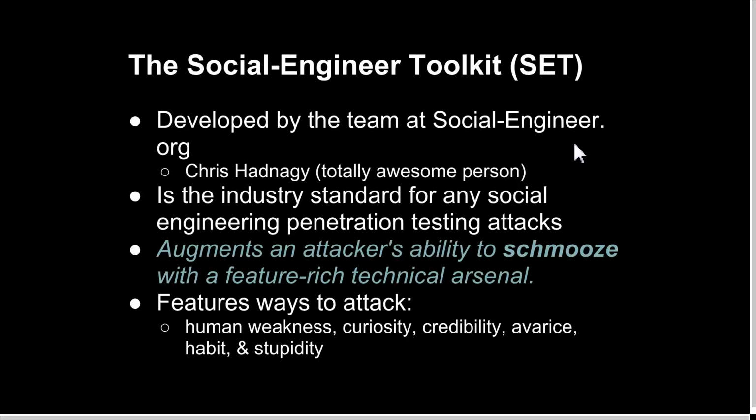The Social Engineer Toolkit is actually quite young, but it has had skyrocketing success and is now considered the industry standard for any social engineering penetration testing attacks. In essence, it augments your ability to schmooze and manipulate people with a feature-rich technical arsenal.